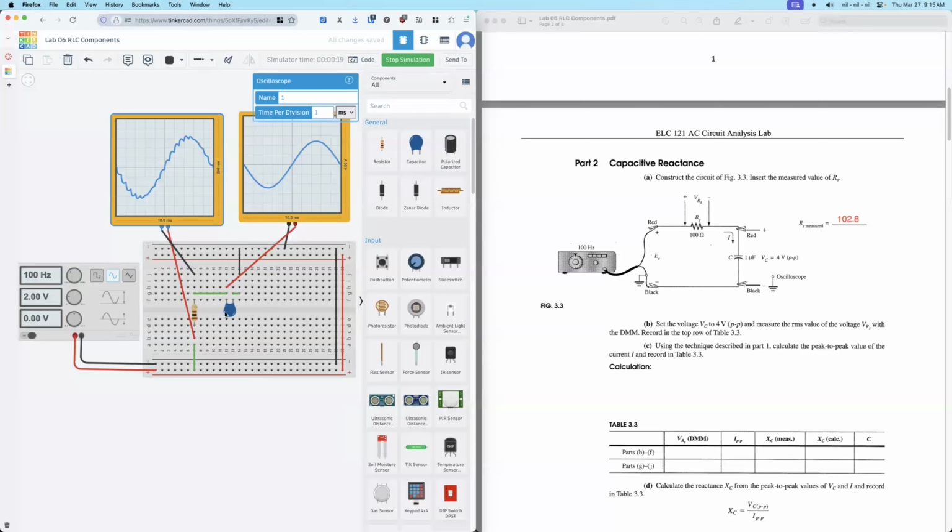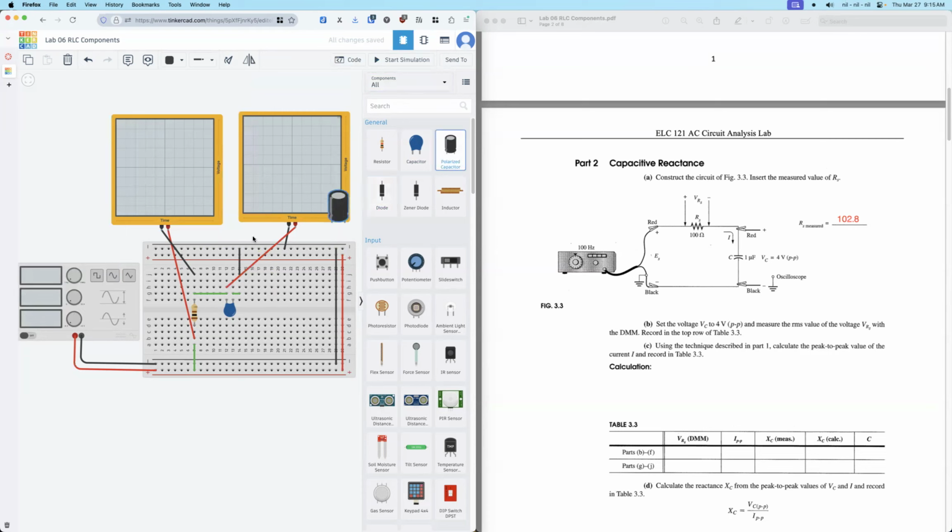Okay, let me go back to this one. Let me double check. Actually, I think I did this in ThinkTex several years ago. This one doesn't matter.